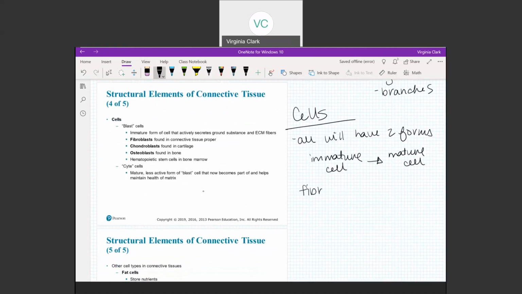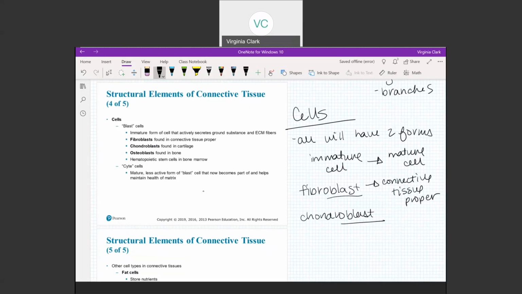So we're going to have a fibroblast. Fibroblast means it is going to be an immature cell. And this is going to become connective tissue proper type cells. This is where you will find this. Whenever you see a chondroblast, chondroblast, again, is going to be the immature form.